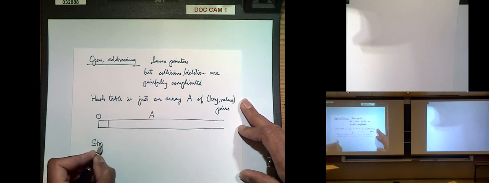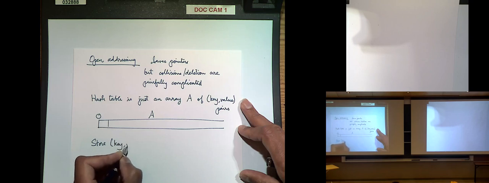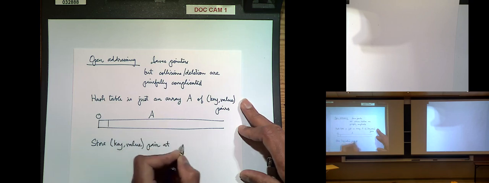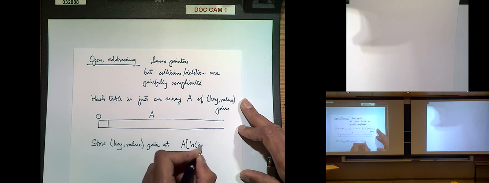And so we're just going to store a key value pair at A[H(key)]. I don't know if that's what you were thinking, but that's all, right? So if H of me is 42, then I'm just going to set A of 42 to be me and whatever the value is. That's it.